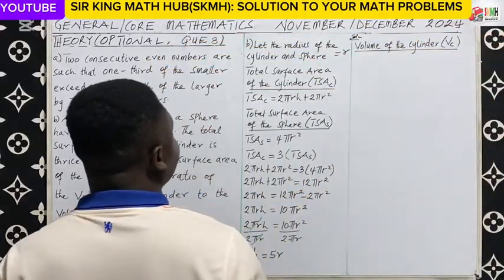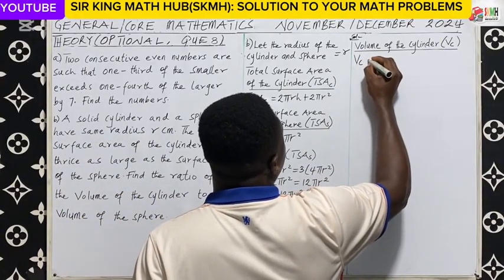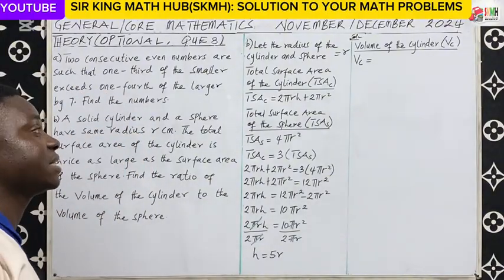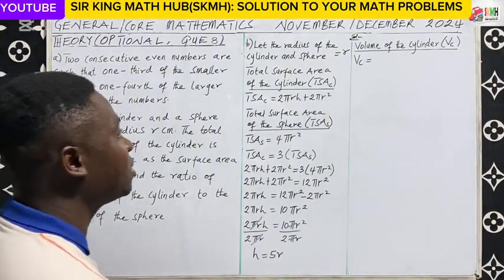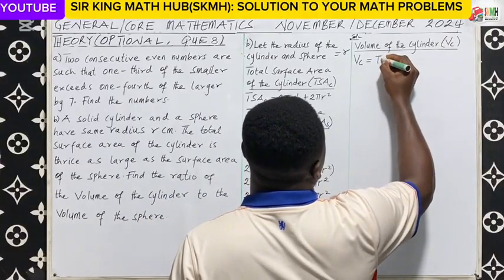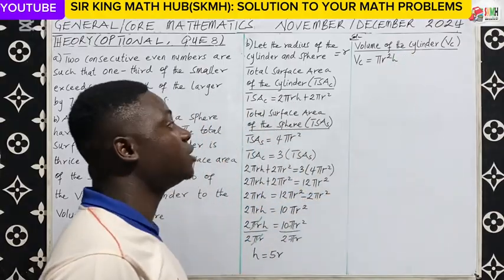Also recall, what is the formula for calculating the volume of a cylinder? So the volume of a cylinder is equal to the base area of the cylinder multiplied by the perpendicular height. We know that the base area of a cylinder is a circle, so pi r squared multiplied by h.